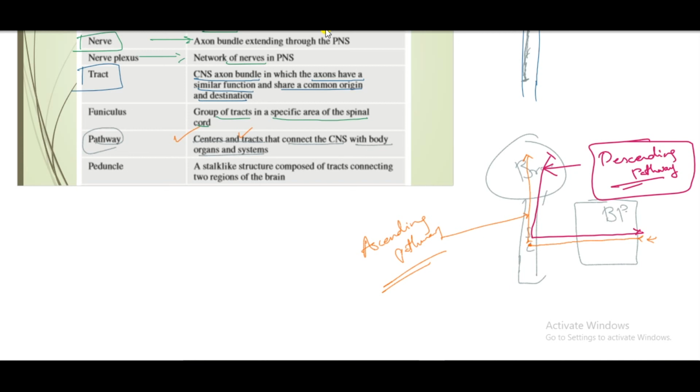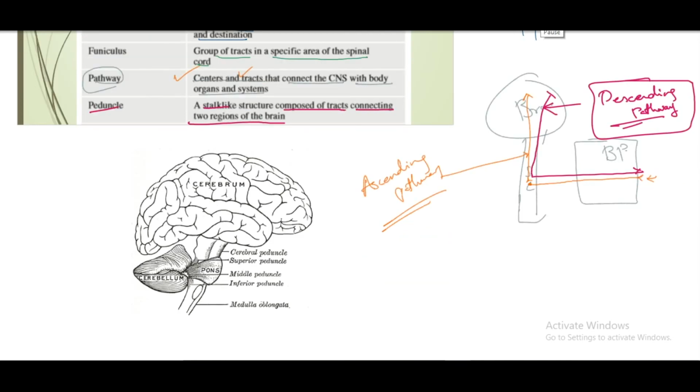Okay, the peduncle is a stalk-like structure composed of tracts connecting two regions of the brain. You have mainly two kinds of peduncle. First one is the cerebral peduncle, which you can see.